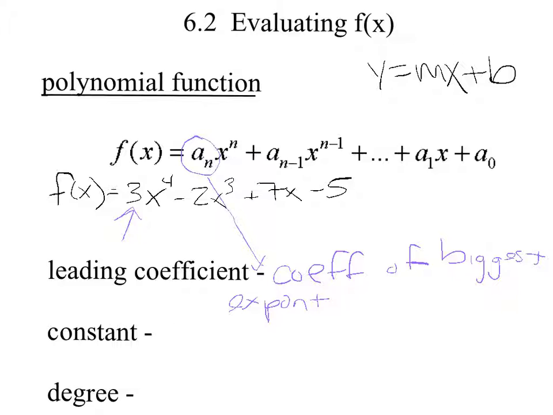The constant is the number without a variable. That's the one where the exponent is 0. Basically, because it doesn't have a variable, it stays constant. So this would be my constant, and this would be my constant. It doesn't have a variable.